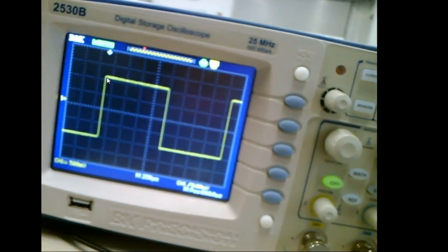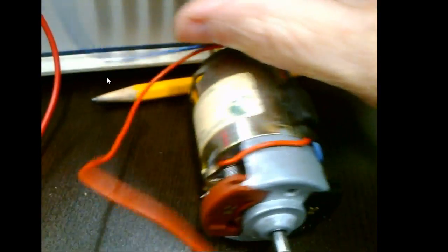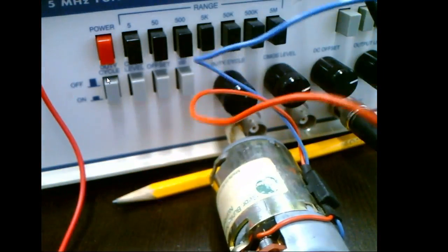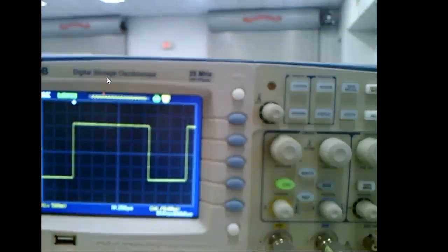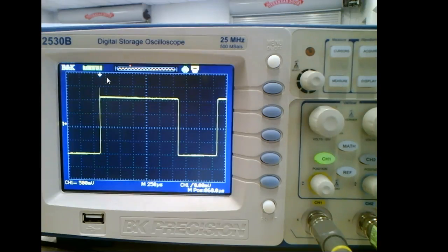So what I'm doing now is I'm going to tell my function generator to control the duty cycle. Can y'all see that? So I'm going to turn that on. And what you should notice is the frequency did not change. So if I counted the number of divisions, it should give me the same.